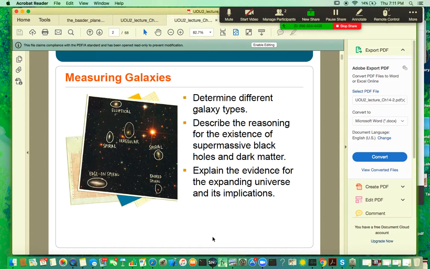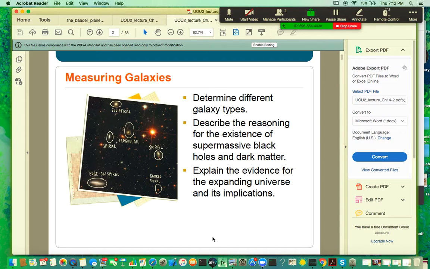These superclusters are filaments with clusters of galaxies, and they cover and surround voids of nearly empty space, and these voids happen to be expanding.